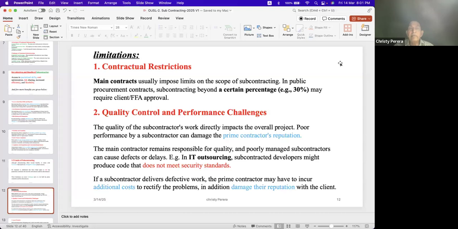Not only that, if it is a funded project, for example a World Bank funded project, and they have mentioned a 30% limitation, if you go more than 30%, you will have to get not only the client's but also the World Bank's approval.